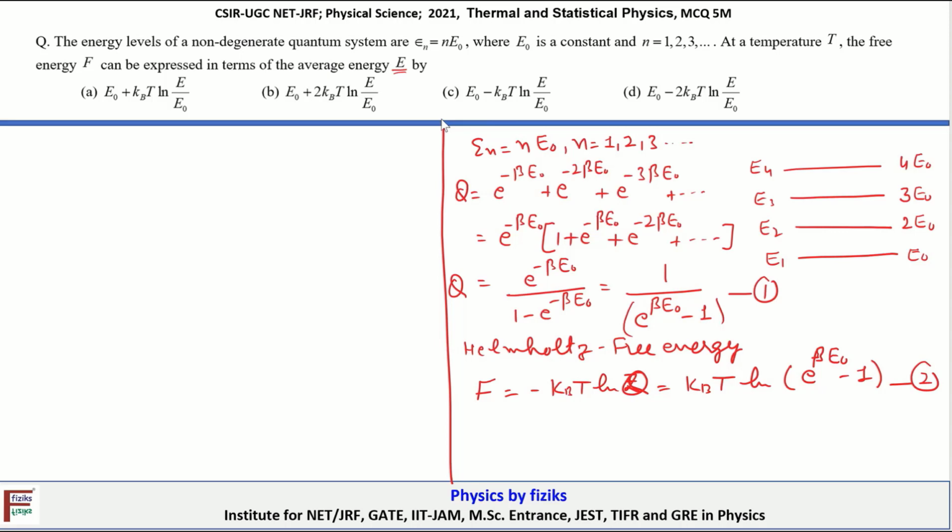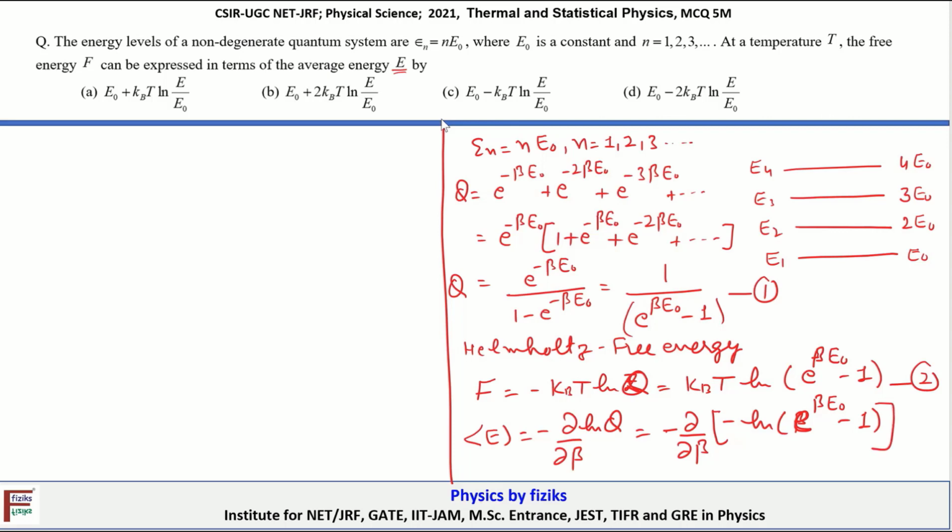Now because we have to connect the Helmholtz free energy with the average energy of the system, we will evaluate the average energy, which is equal to minus the derivative with respect to beta of ln Q. So ln Q is minus of minus ln, that is minus ln of exponential beta E0 minus 1.